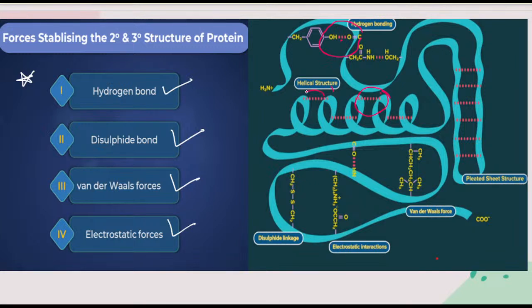Between the rings, here, it's a disulfide bond, two sulfurs are there. This is an electrostatic force, like plus and minus. And this is van der Waals forces. You know, this question was asked again as a PYQ, I don't know whether in Advanced or Main. You are given this structure and they tag A, B, and C, and you have to identify the bonding there.